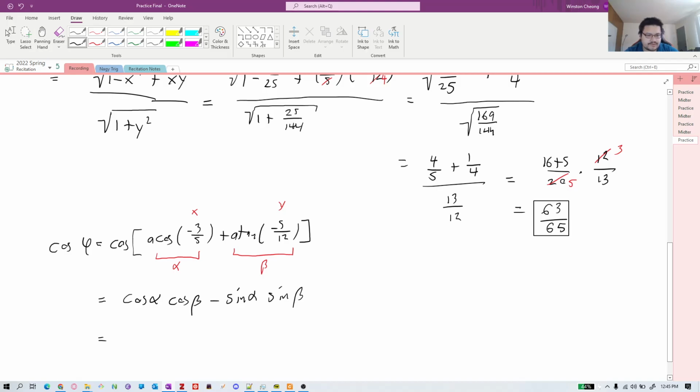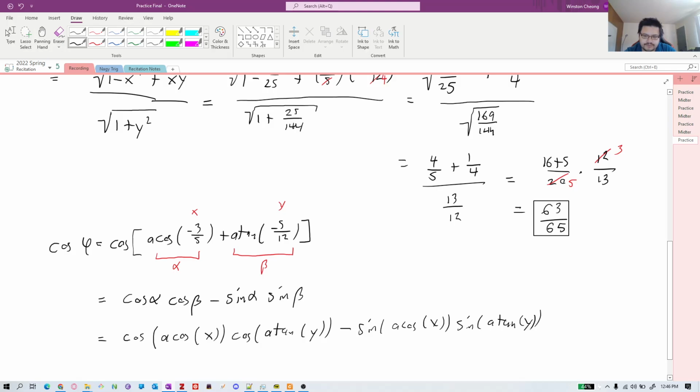Now let's go ahead and substitute in what alpha and beta are. So alpha is arc cosine of, well, right, we're trying to be abstract about this, so I'll just say x, and then cosine of arctangent of y, minus sine of arc cosine of x times sine of arctangent of y.